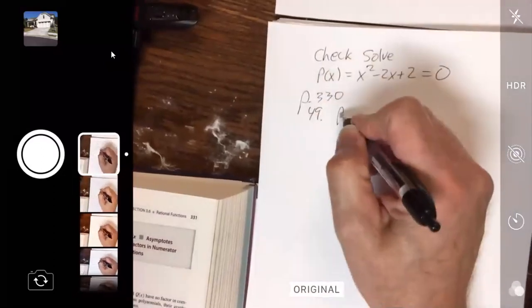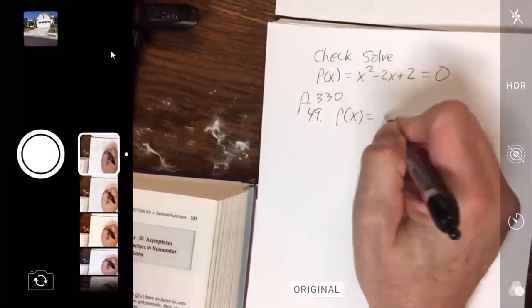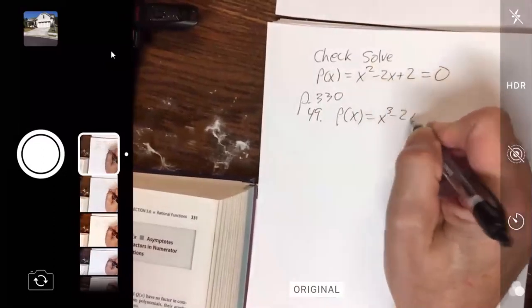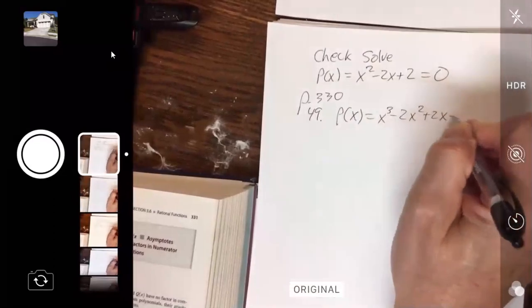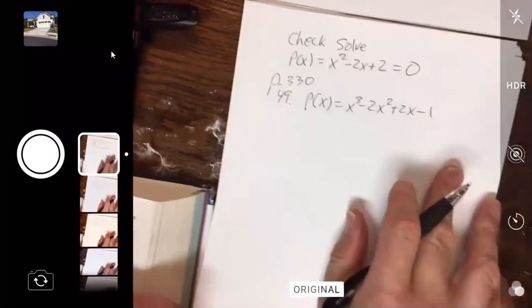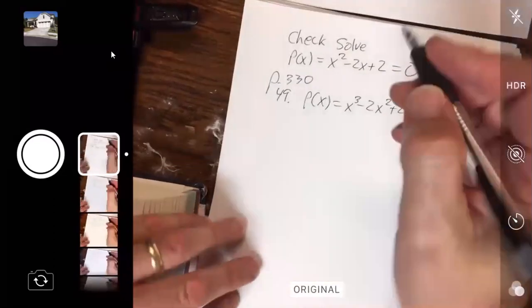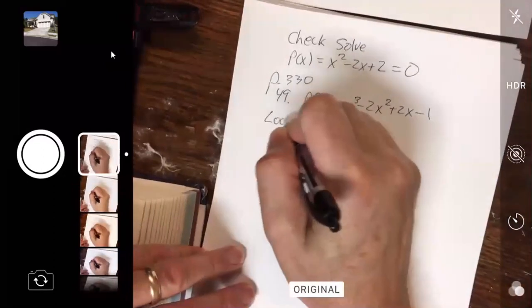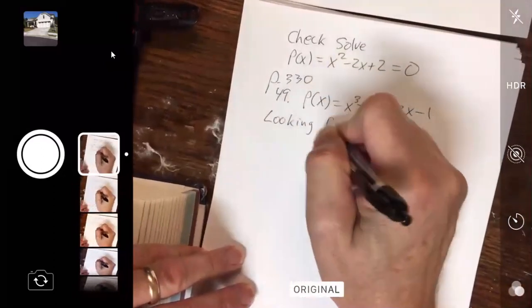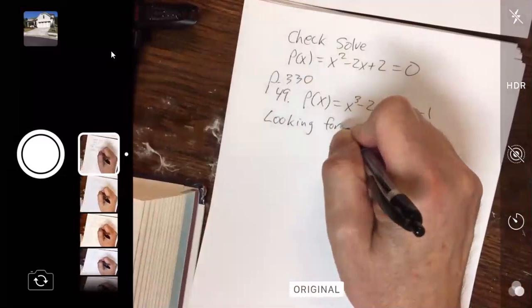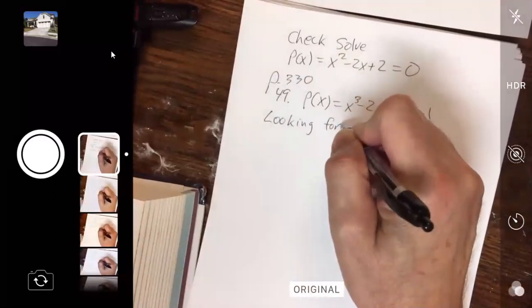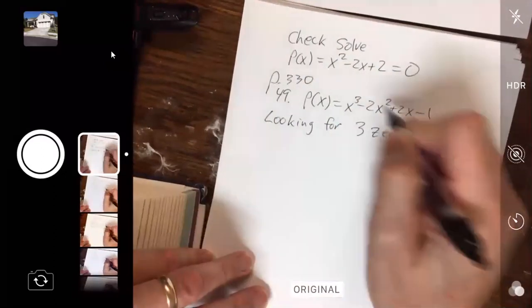Number 49, p of x is x cubed minus 2x squared, add 2x, subtract 1. You know how many zeros we're looking for? 3 zeros. Highest power.